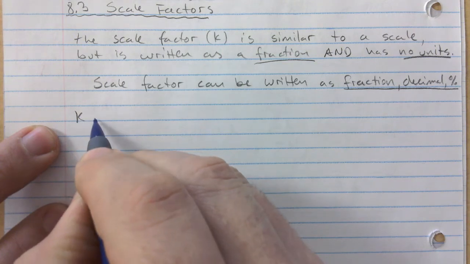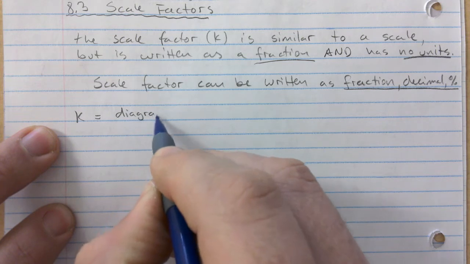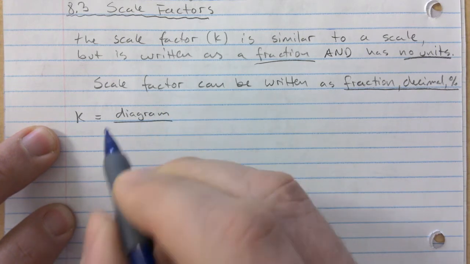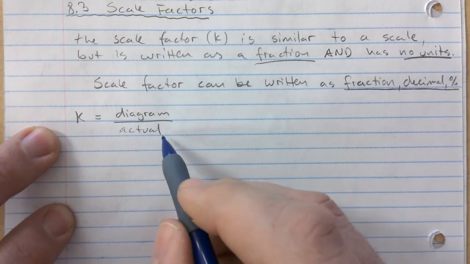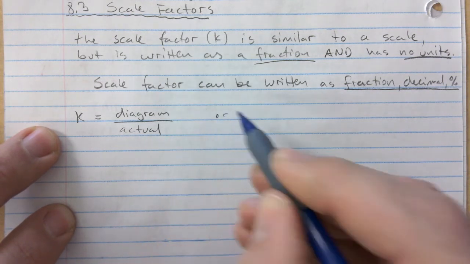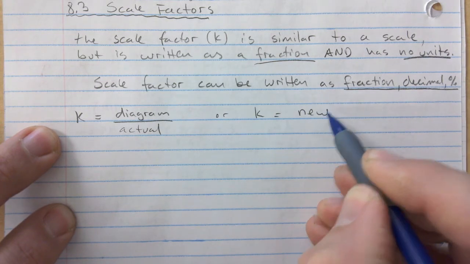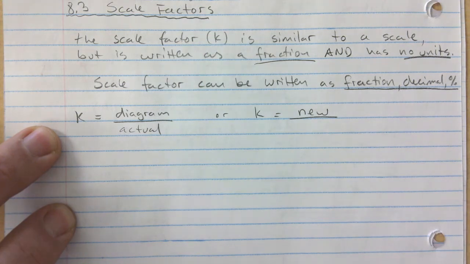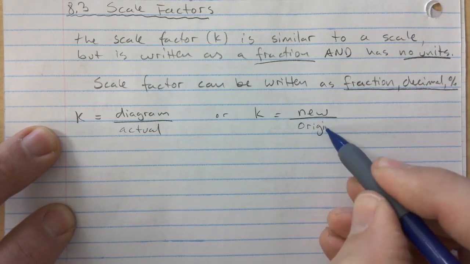K is usually the measurements of the diagram over the actual, okay, the measurements of the actual, okay? Or we can also write K as new, like the dimensions of the new one if you're making a copy of something, and original.